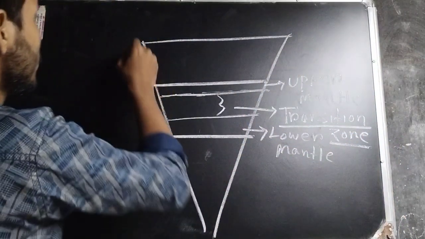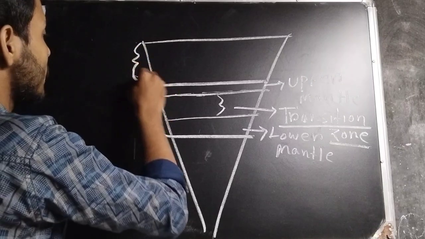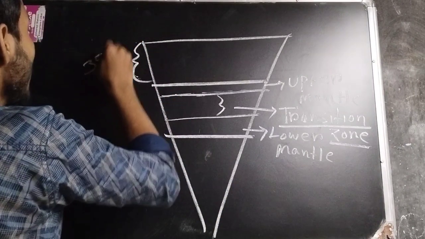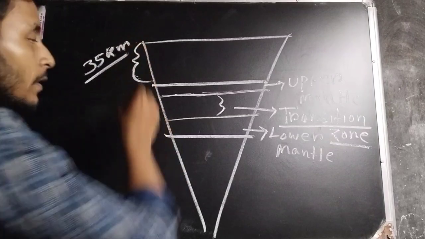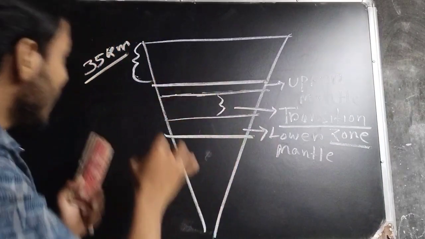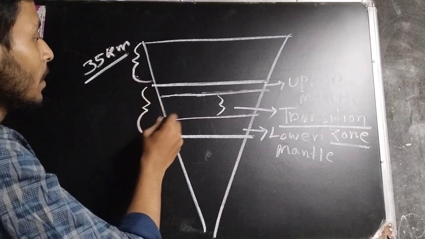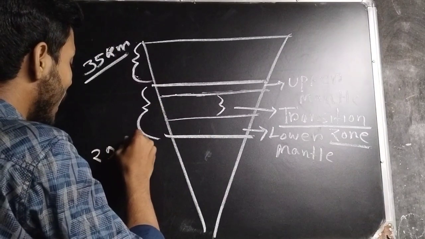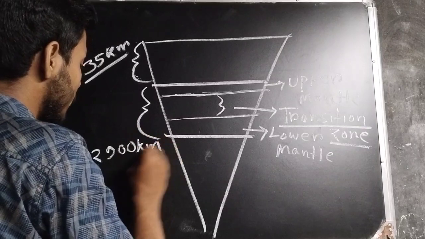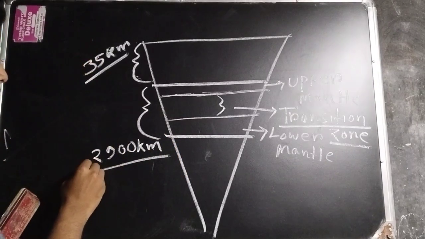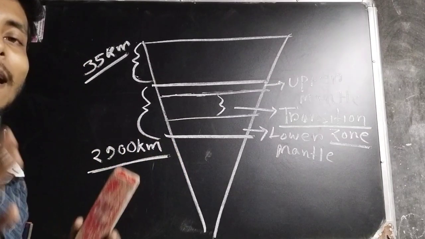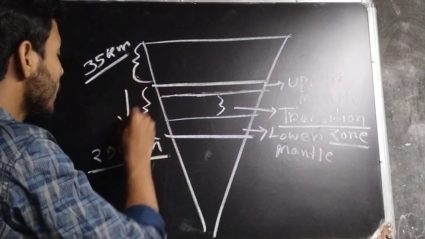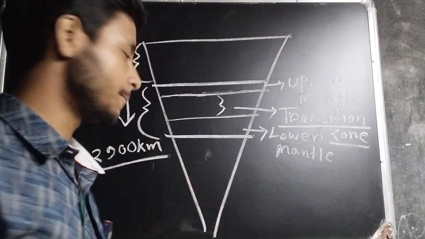In the previous video, we learned that the depth of the crust is about 35 kilometers. Then, from 35 kilometers, the mantle extends to 2900 kilometers, which means it is very deep inside the earth.